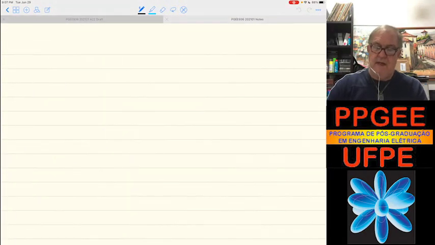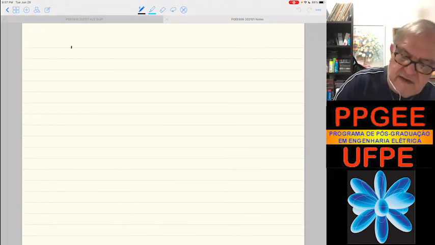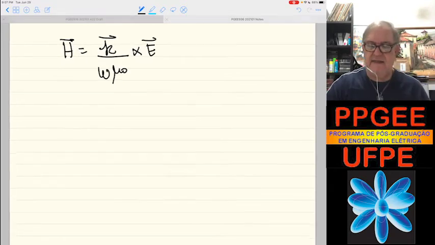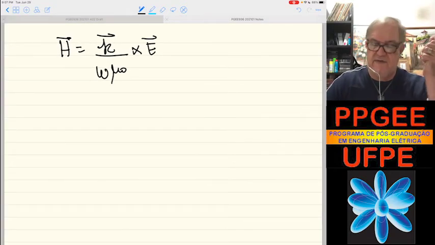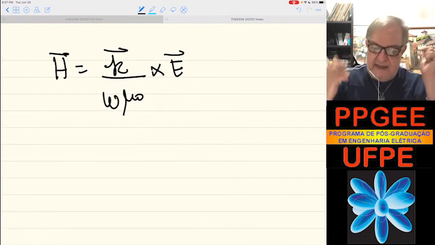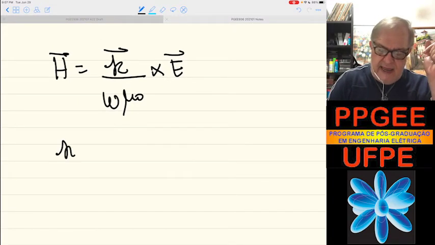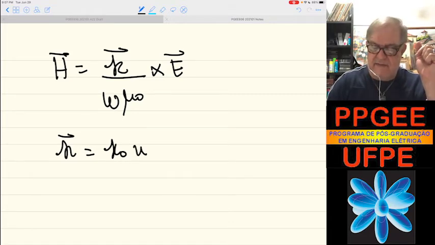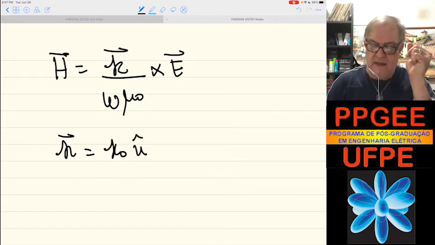Okay, so let's elaborate a little further. H equals k cross E over omega mu 0. That's the result. E is given by the exponential function, and k is given by this. Let's call k a real wave number, k0, times the unit vector, versor u.